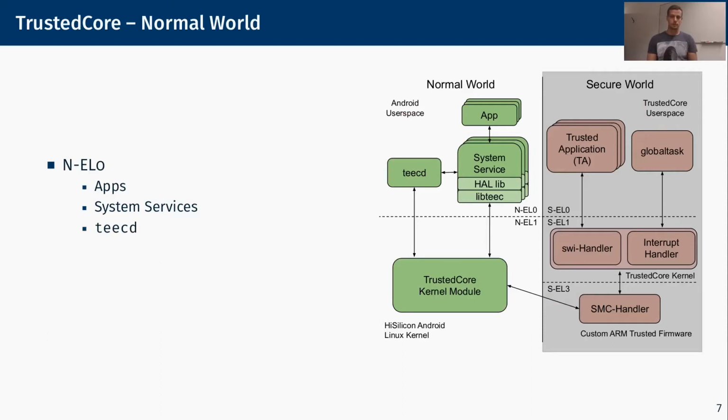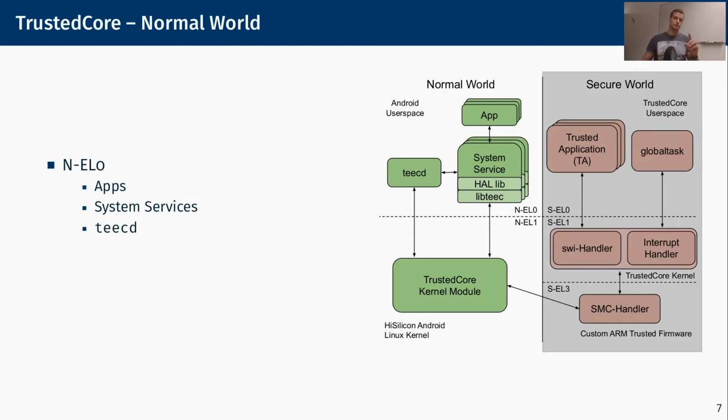So in the user mode, you can find the regular apps that you can download from the Google Play Store, for example. And these apps usually talk to system services that are basically the backend for the Android Framework API that is a big part of Android.